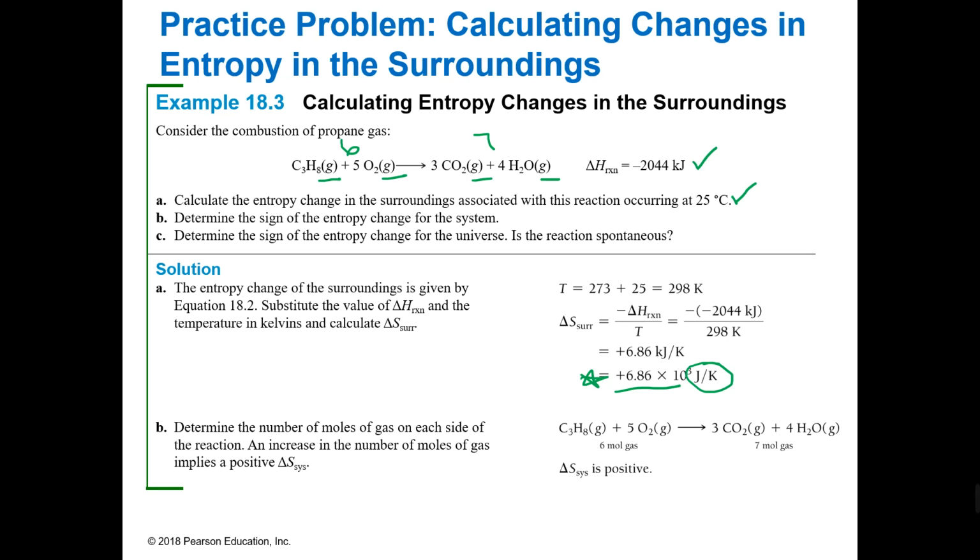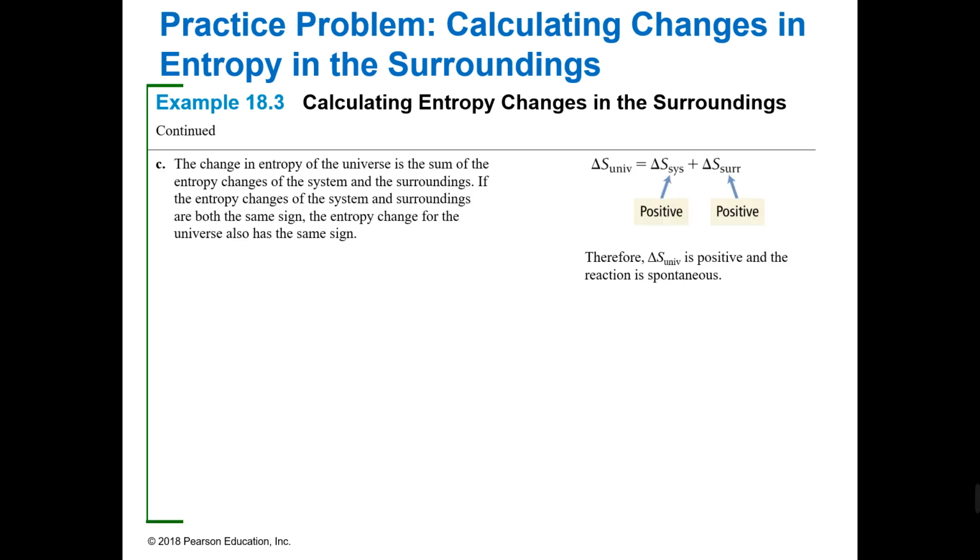So what does that mean? Determine the sign of the entropy change for the universe. Is this reaction spontaneous? So we just solved for delta S of the system as being positive, and delta S of the surroundings also as being positive. I just said universe, I meant to say surroundings.